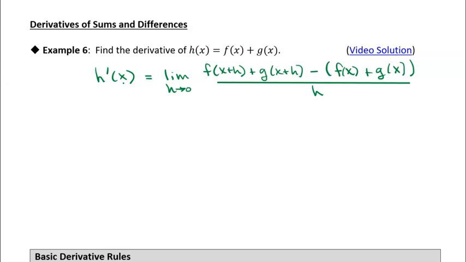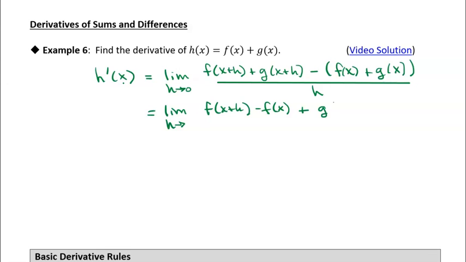All right, so now let's get fancy here. Let's rearrange this a little bit. So I have the limit as h approaches 0. Got to carry that along. Now I can rearrange this and put the two f functions together. So I can make it f of x plus h minus f of x, right? And then I'll put the two g functions together.